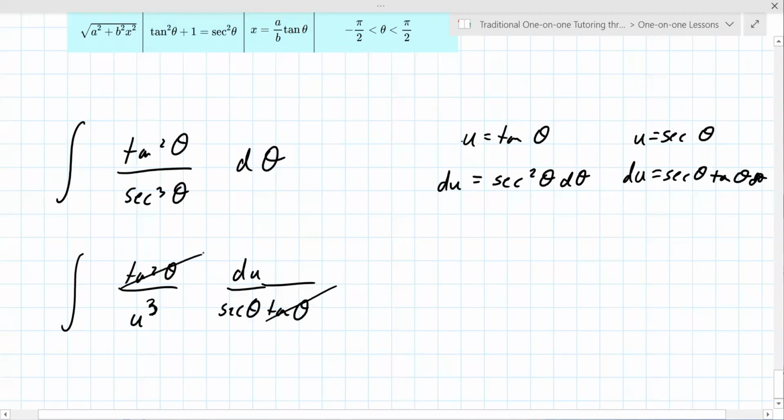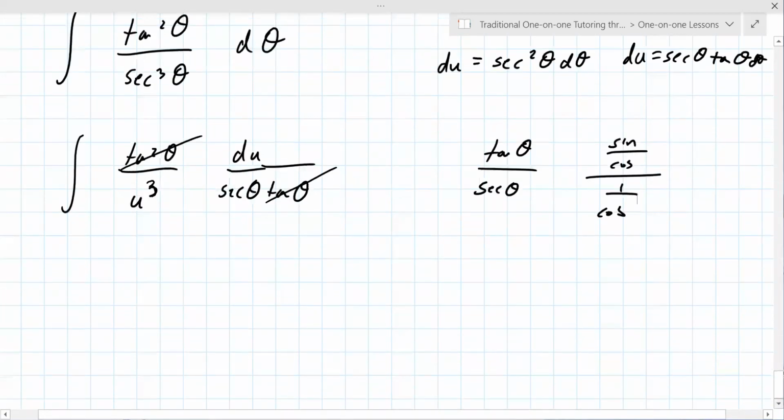That cancels with that. Tangent over secant, so your sine over cosine, 1 over cosine. I wonder if we should have just done something there first. What should we have done?